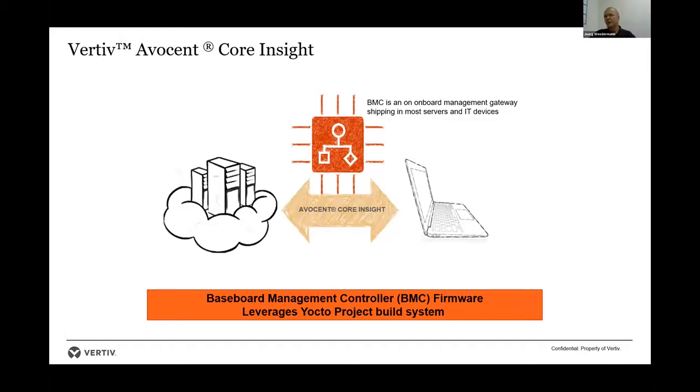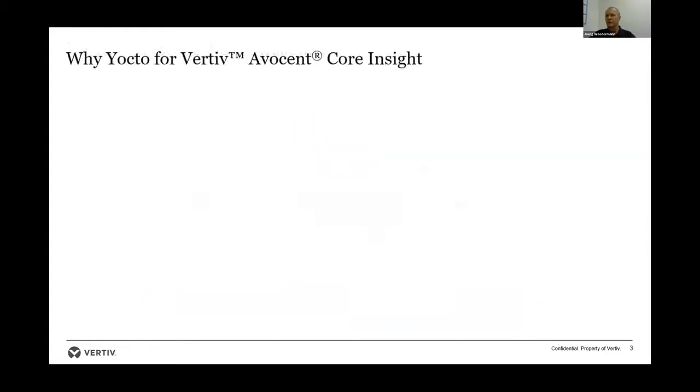So that's really what basically Avocent Core Insight is, a BMC firmware. Now, what's that related to Yocto? Our entire build system has been transformed into a Yocto build. That's not always been the case. Historically, we have been dealing with the more traditional makefile approach.